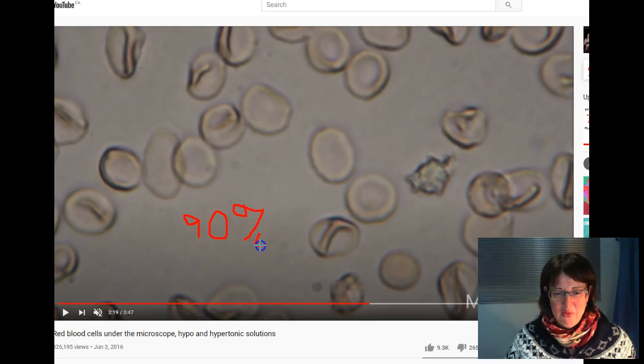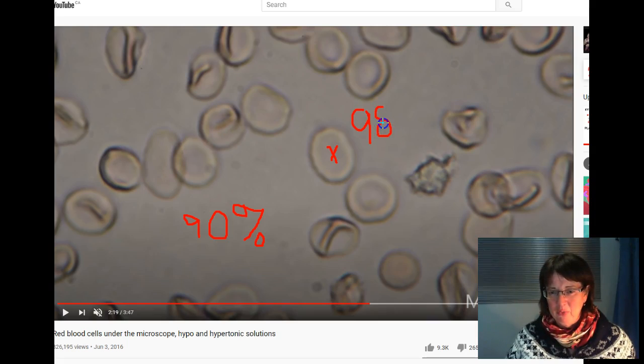And we know from inside the cell, when it was isotonic, it was 0.9% inside, which means it's about 99.